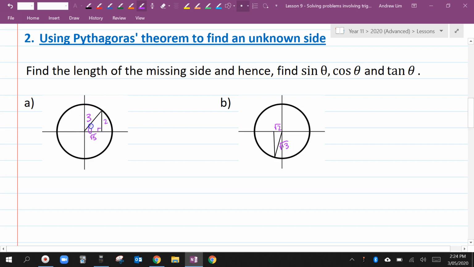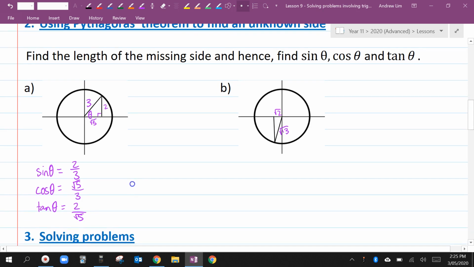Okay, so we want to find sine of theta, opposite over hypotenuse, 2 over 3. Cos of theta is equal to adjacent over hypotenuse, and tan of theta is equal to opposite over adjacent.